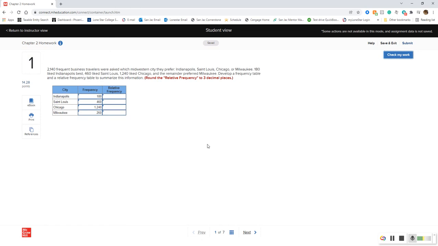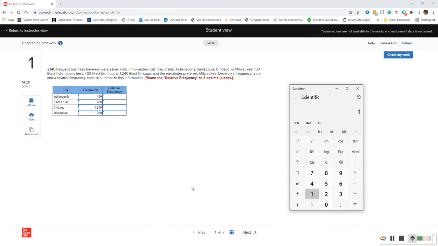Now, again, to determine relative frequency, we're going to take the total and divide into these items. So, 180 divided by 2,140 gives us this long number. And it says round the relative frequency to 3 decimal places.